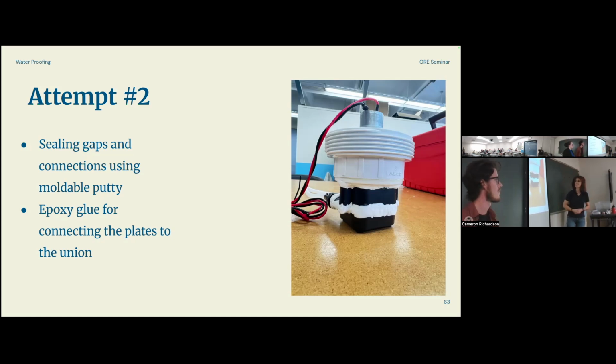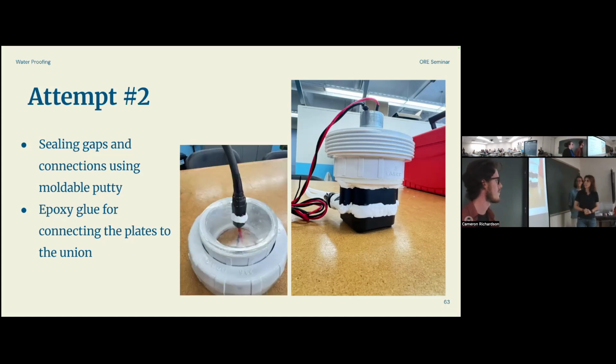We still had leakage. But at this time, we made a new decision. We thought that if we could block water from reaching the motor, it wouldn't matter anymore whether we have water in the pump housing or not.